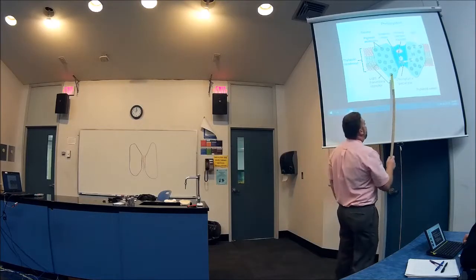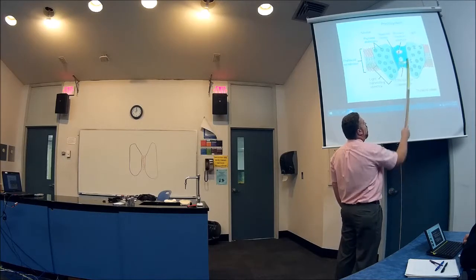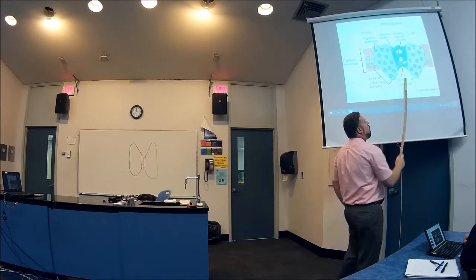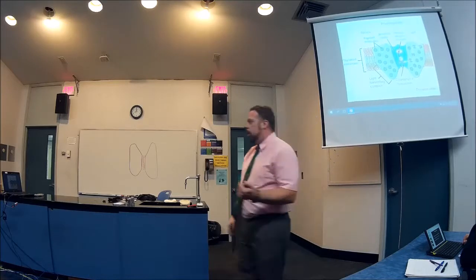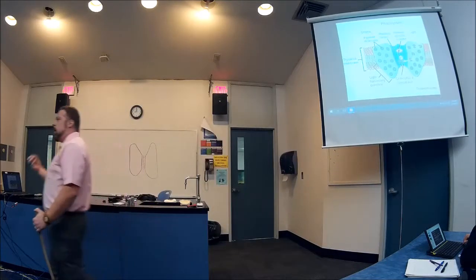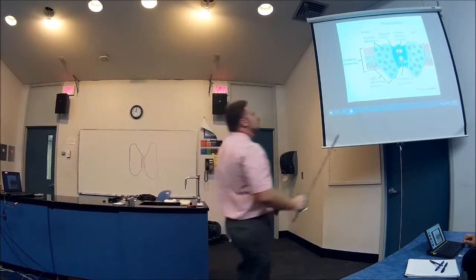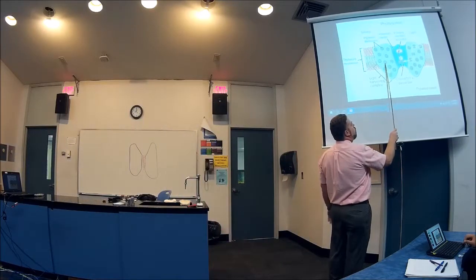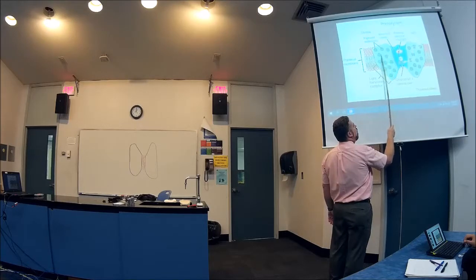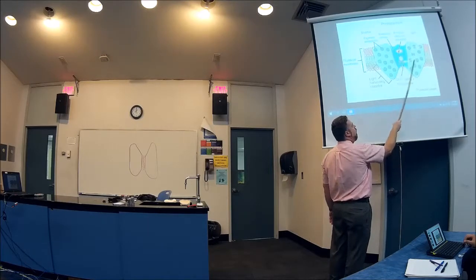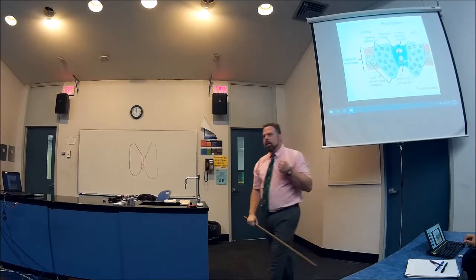So what you have here is the center part. All right, the part that's actually going to make the chemical energy from light. But then there's going to be these light harvesting complexes, these green things all around here. And there's chlorophyll in here that is going to be absorbing that light.